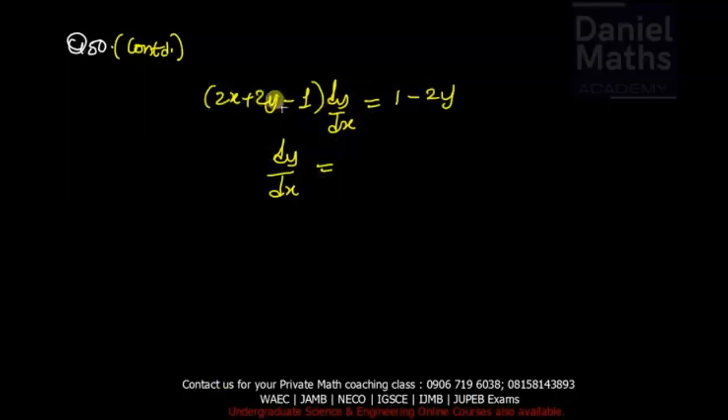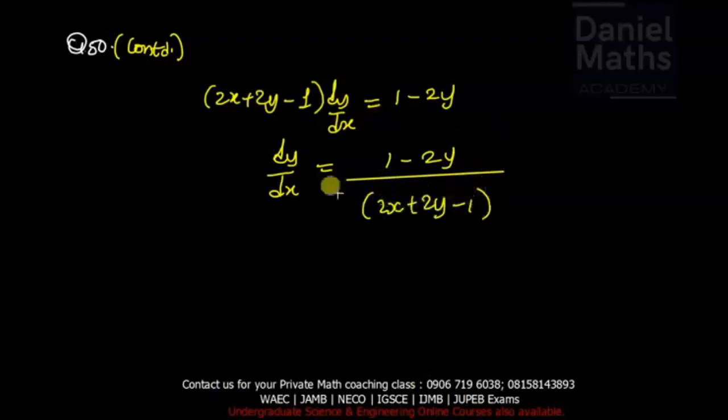I divide both sides by 2x plus 2y minus 1. This will give me dy/dx equals 1 minus 2y, all over 2x plus 2y minus 1. So this is basically my solution to this particular problem.